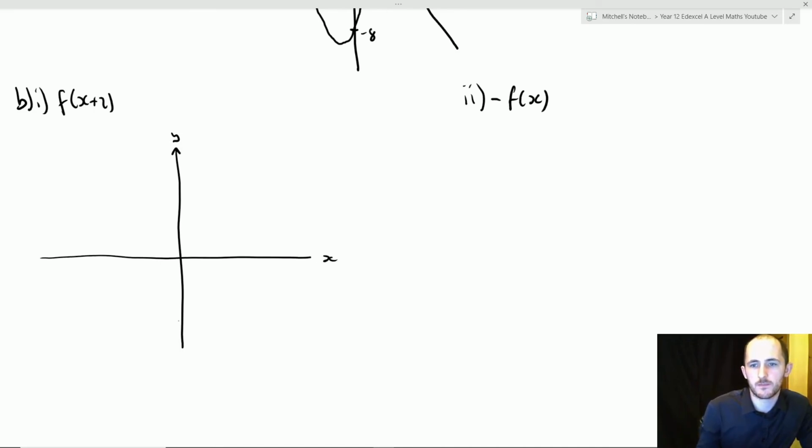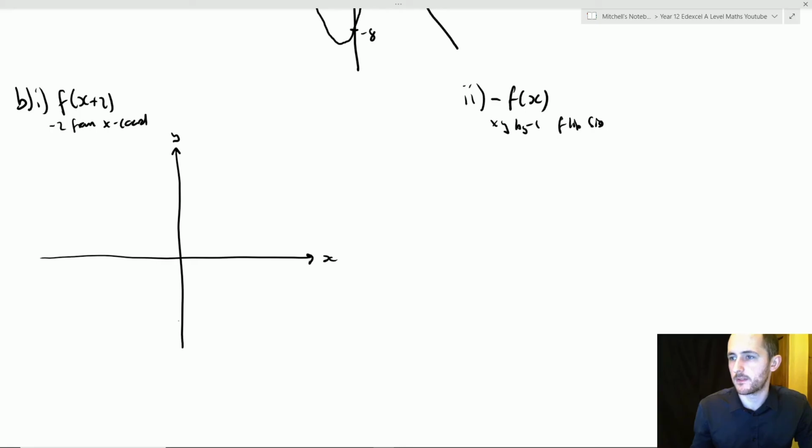So, plus 2 on the inside, it's minus 2 from x coords. And minus f of x means I'm timesing y by minus 1. So in other words, I'm just flipping the sign. So flip sign of y, which is the same as saying a reflection in the x-axis.